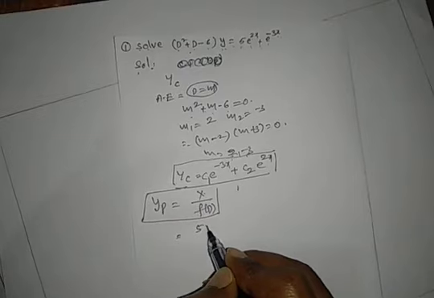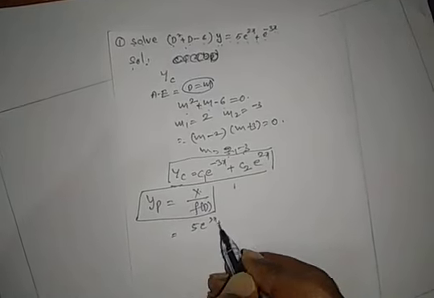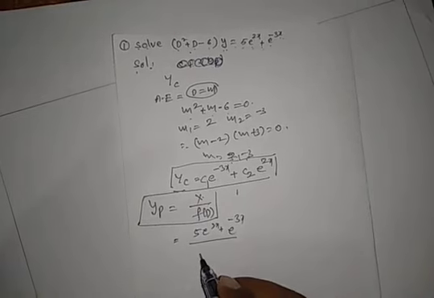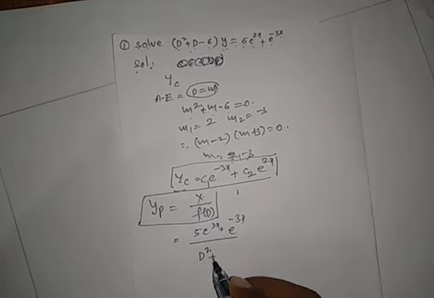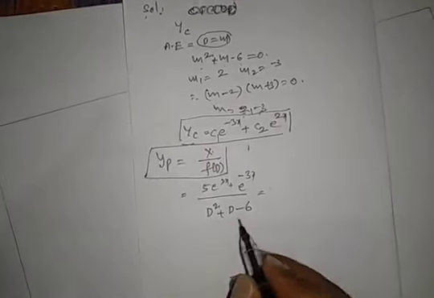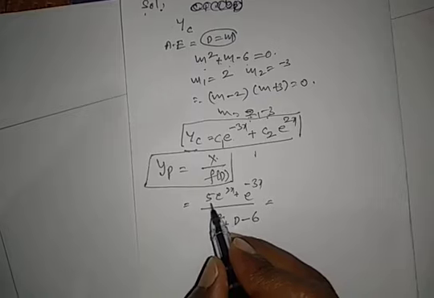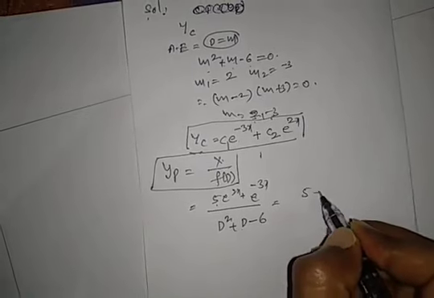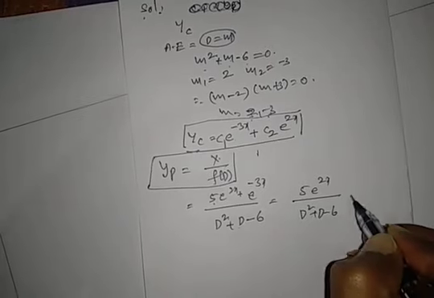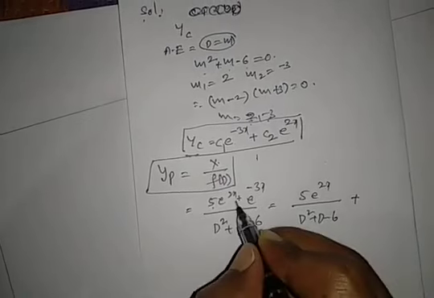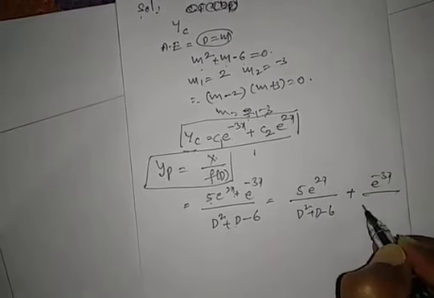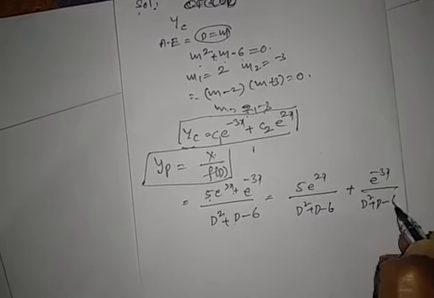So here the RHS is 5 e to the power of 2x plus e to the power of minus 3x, upon the LHS value D square plus D minus 6. In this case, split the expression into first and second parts: 5 e to the power of 2x by D square plus D minus 6, plus e to the power of minus 3x by D square plus D minus 6.